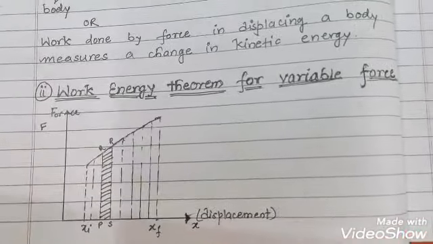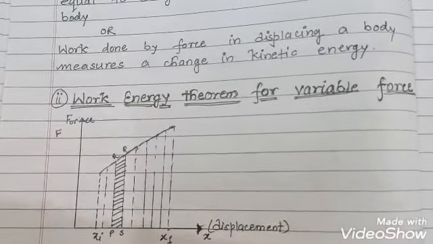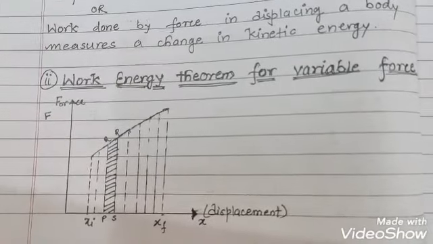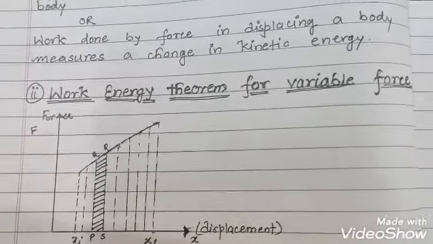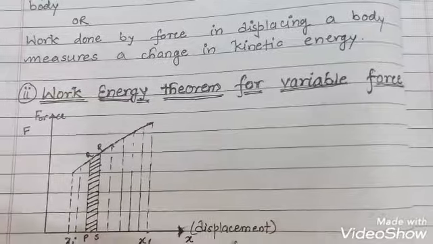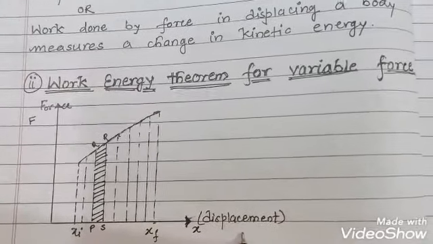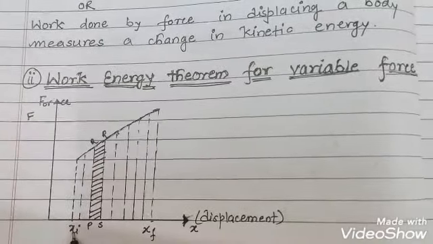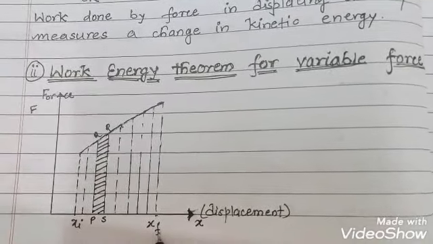Work energy theorem for variable force. You will see here the graph in which on the x-axis we have taken the displacement, and on the y-axis the force. For the variable force, the object is displaced from xi, the initial position, to xf, the final position.